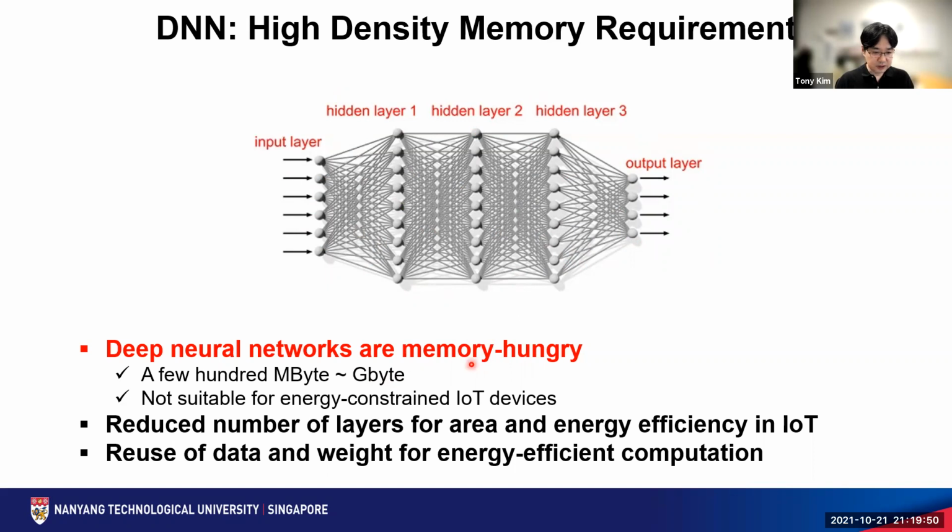Okay, so you can easily use up hundreds of megabytes or gigabytes. But this amount of memory is quite difficult to implement in IoT devices or edge devices because it consumes too much power. And IoT devices are usually powered by batteries or energy harvesting devices. So they cannot provide enough power to support this amount of memory and computing operation. So we have to find a way to simplify the neural networks so that the IoT devices can still have proper smartness, but without consuming too much power and silicon area. Okay.